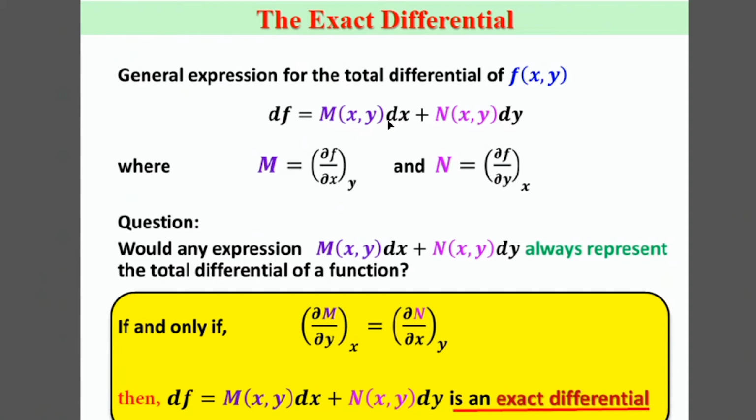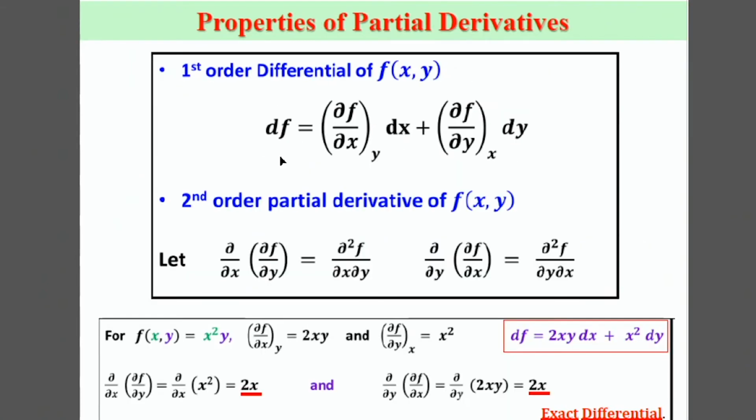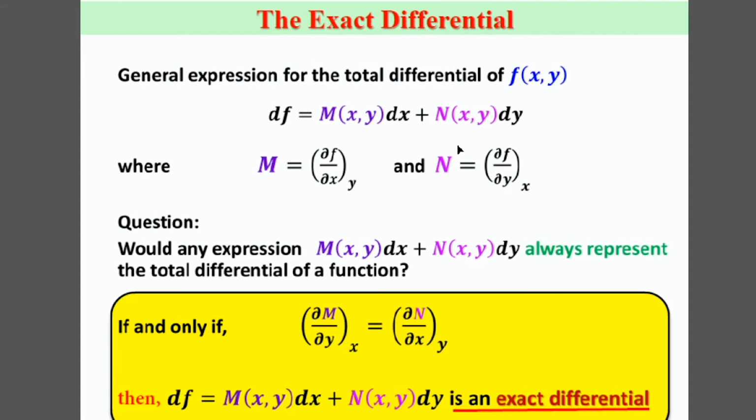If you identify this equation with this one, what does it represent? It represents that M is nothing but the differential of f with respect to x keeping y constant. And what is N? N is nothing but the differential of f with respect to y keeping x constant. Right? That is what we have.